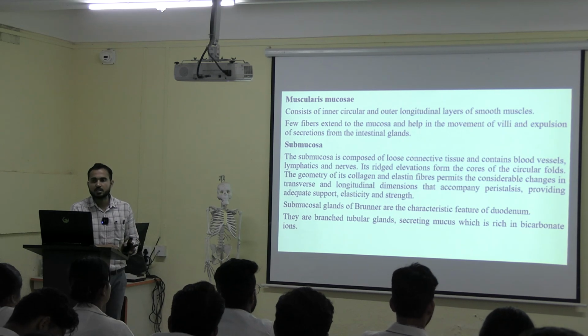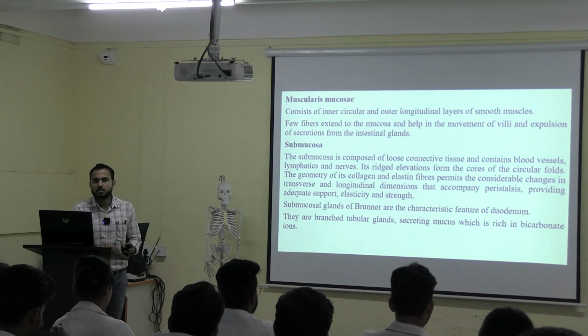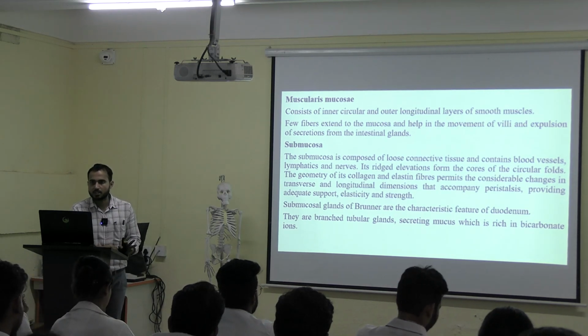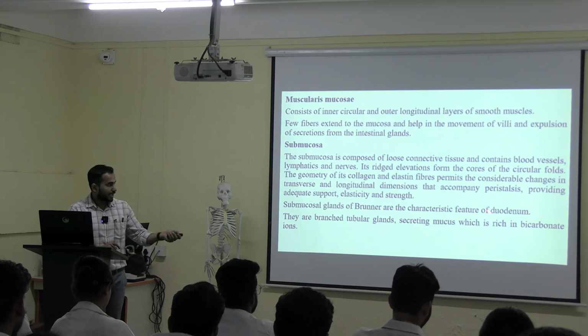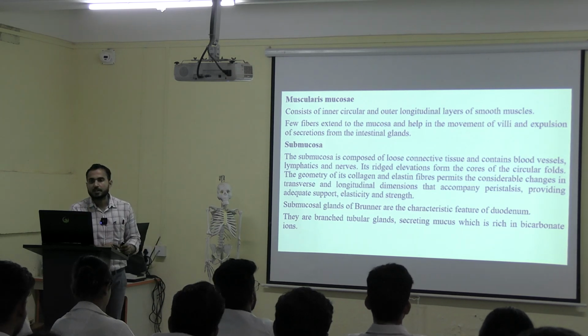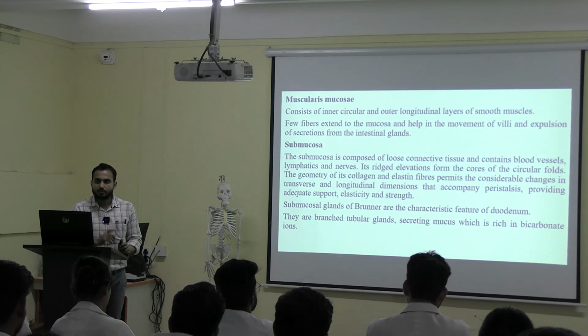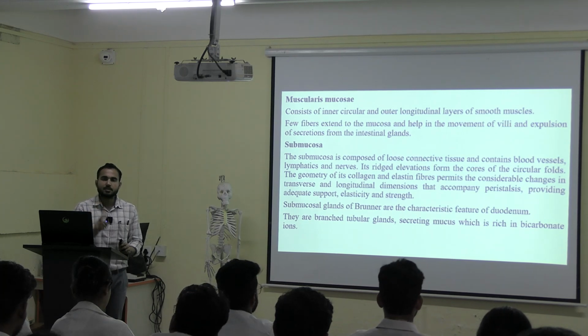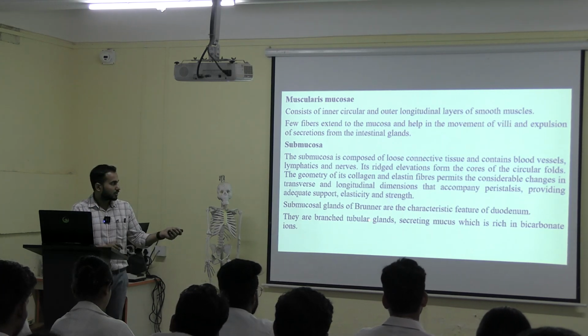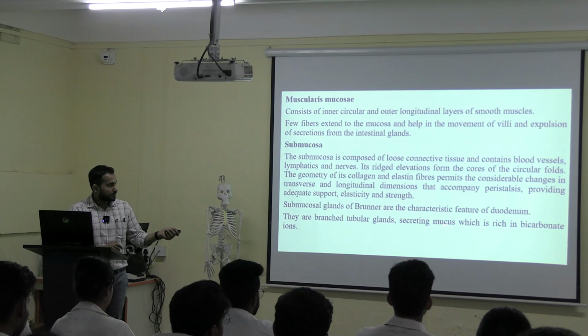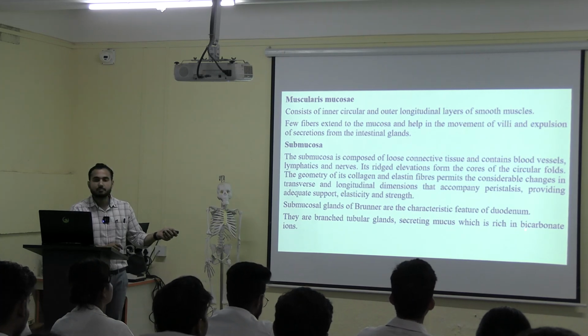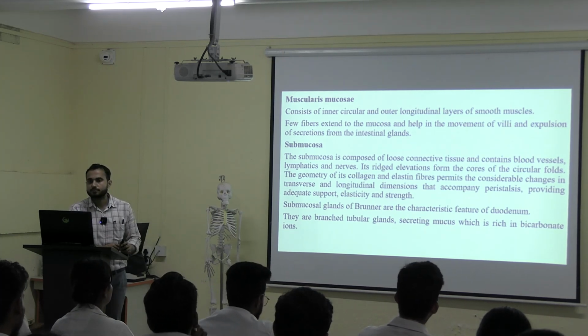If you see the pH, it is more than 8, I think approximately 9, the pH of the bicarbonate ions secreted by the Brunner's glands. So what is the main function of Brunner's glands? They produce mucus, and this mucus is rich in bicarbonate. So what is the function?